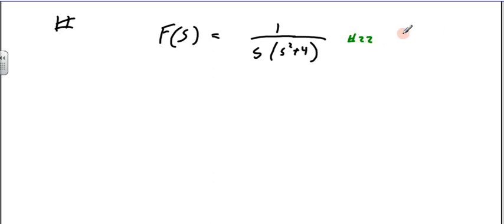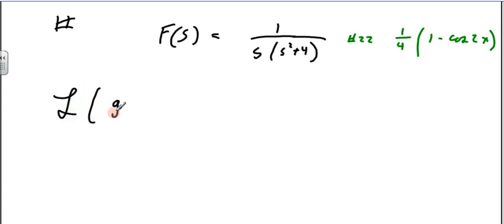And that's going to have something like 1 over 4 times (1 minus cosine 2t) as the inverse Laplace transform. So now that we know that that's the case, we're going to look at the Laplace transform of f convoluted with g, which we don't know what it is.